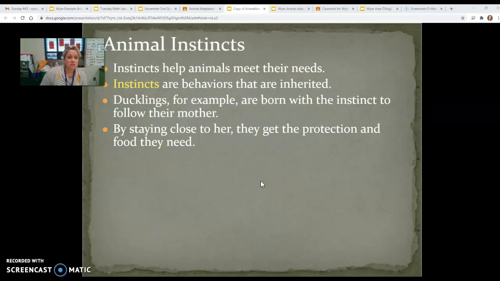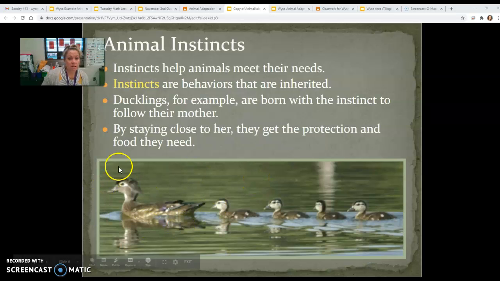An instinct will help an animal meet their need. That's behaviors that are inherited, like they just naturally think of doing that because it was inherited from their parents. It says, for example, ducklings are born with the instinct to know to follow their mother. And by staying close to her, they will get the protection and food that they need. And here's a little picture.